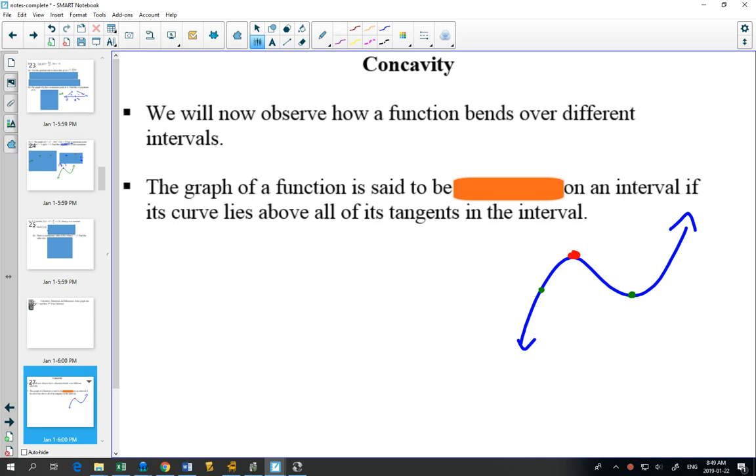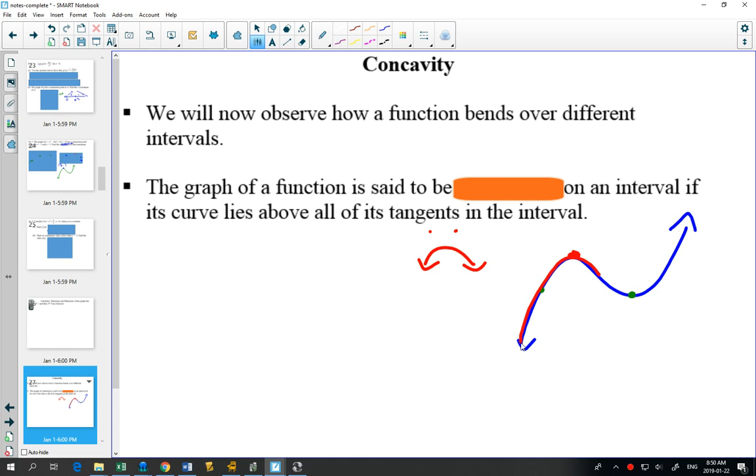Because on a graph, there are parts of your graph which are concave down, and I'll show that in this section here that's red, where the curve is down, concave down.